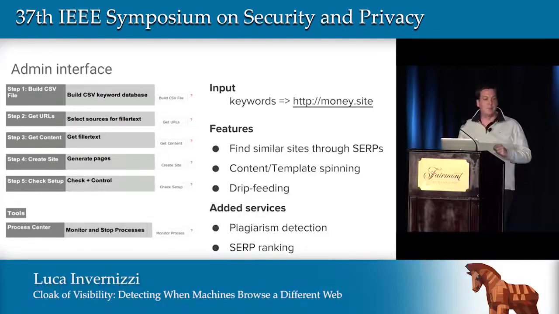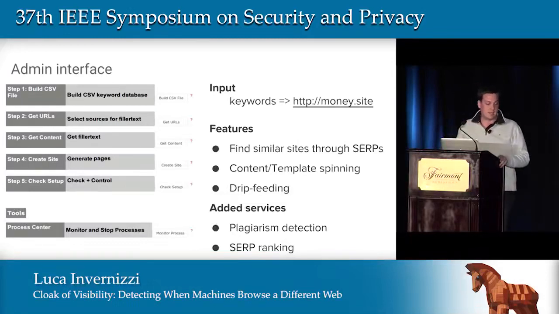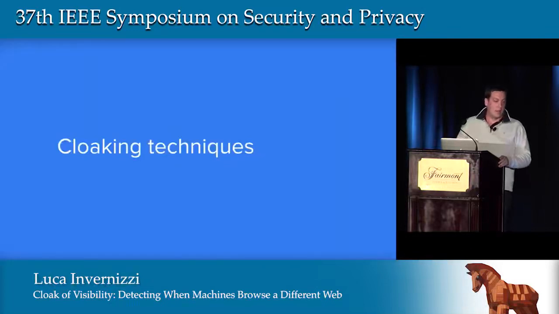And what the software will do for you, it will go on more than 20 search engines on different localizations, search for your keywords, collect a corpus of text related to your keywords, and start spinning this corpus and drip feeding it on your site so that continuously your site changes and it looks like it's actively talking about these keywords. It also has other services like plagiarism detection to avoid being demoted because you're stealing content, and you can measure how well you're doing in the rankings.